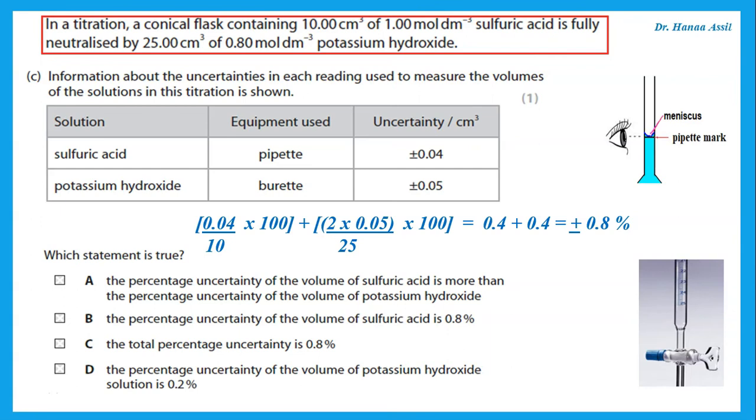So if we look at these choices, this is the correct choice. Again, remember, the pipette is read once, so you use the uncertainty once. The burette, you have initial and final. That means the uncertainty times 2 over the reading times 100.